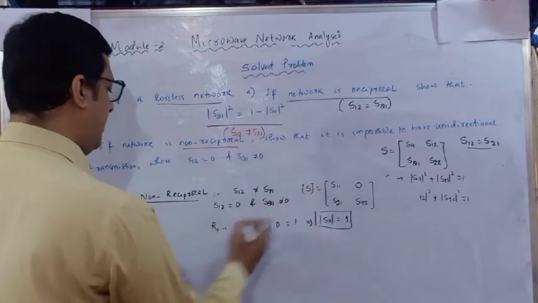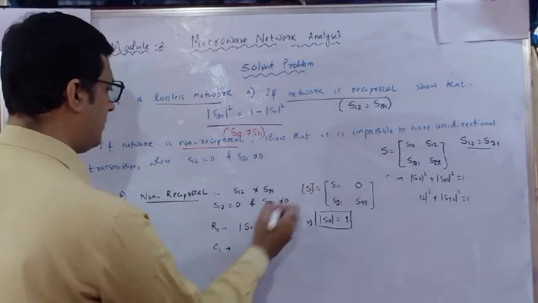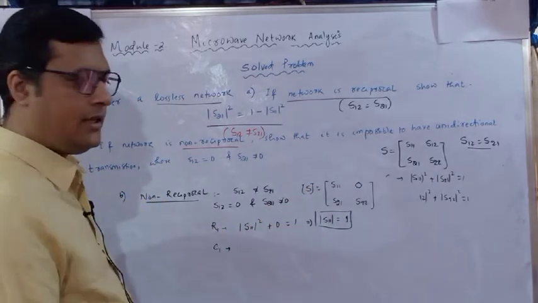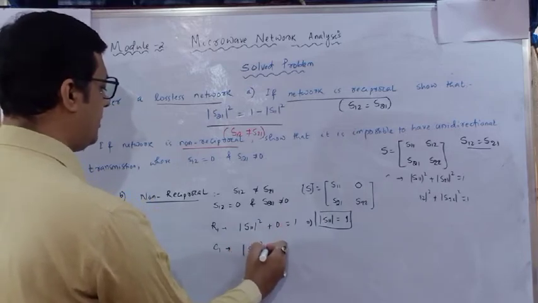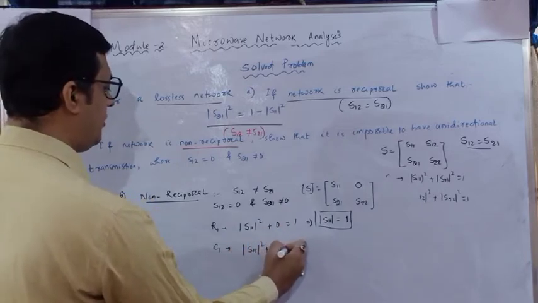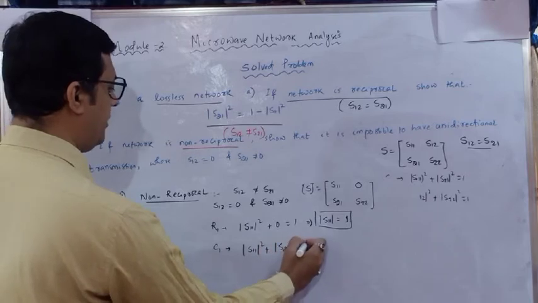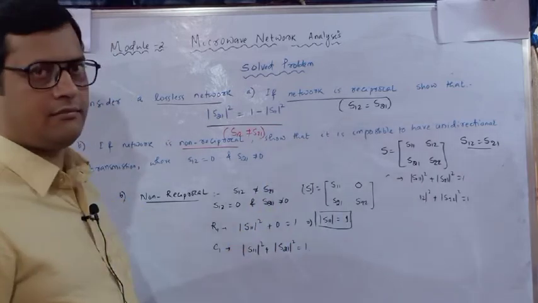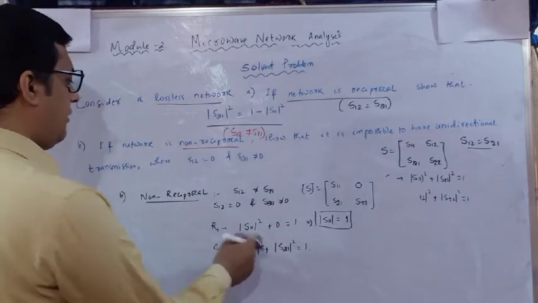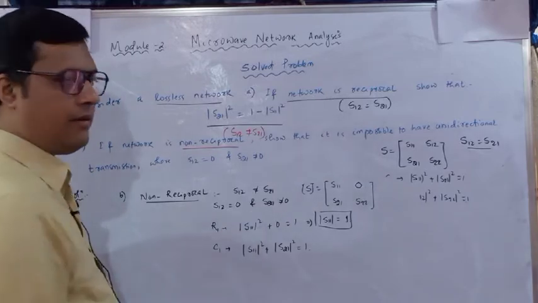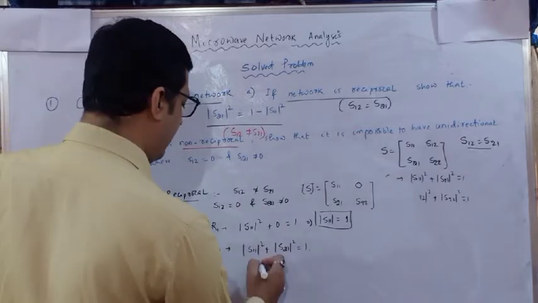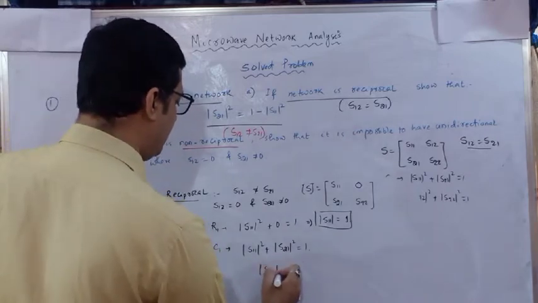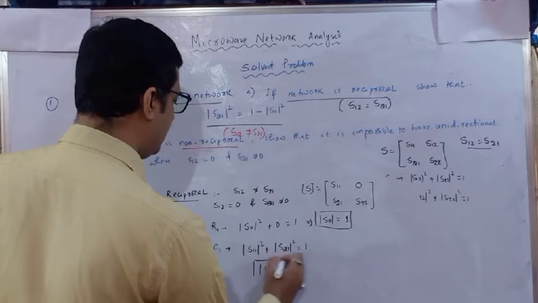Next, if I take column 1, mod of S11 square plus mod of S21 square is equal to 1. Now S11 is 1, so if I substitute here, mod of S21 will become 0.